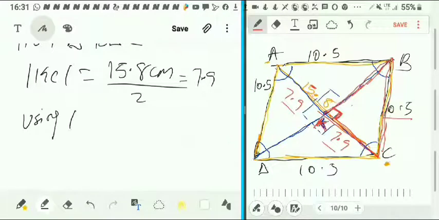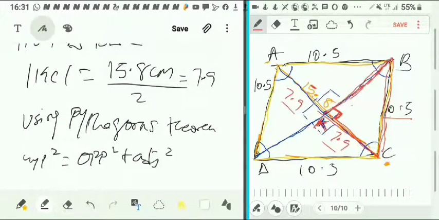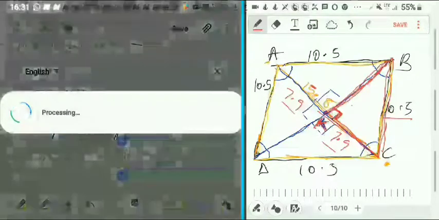Using Pythagoras theorem, which states that the hypotenuse squared is equal to the opposite squared plus the adjacent squared. Let's assume this is the side I'm looking for, BK.